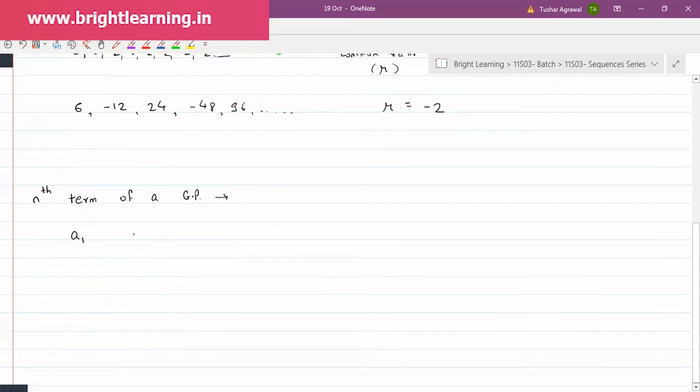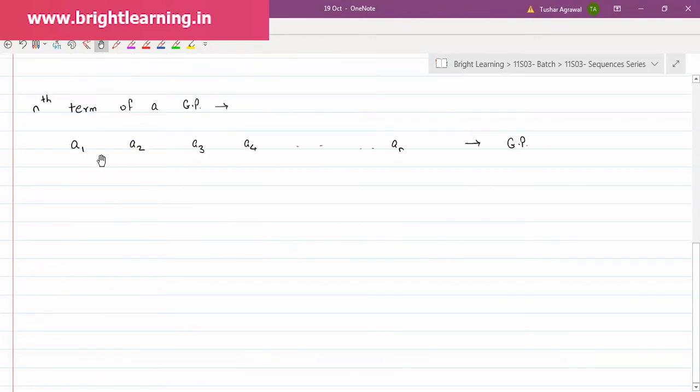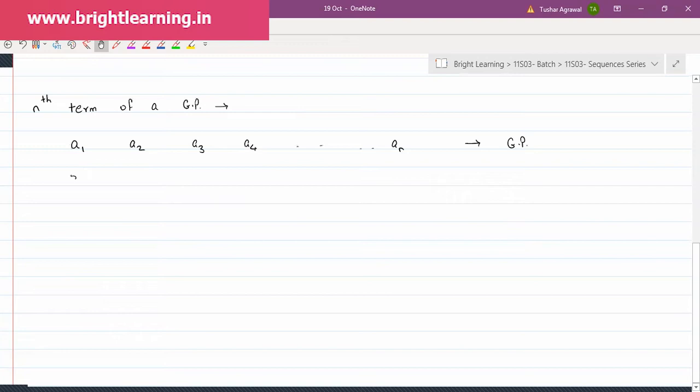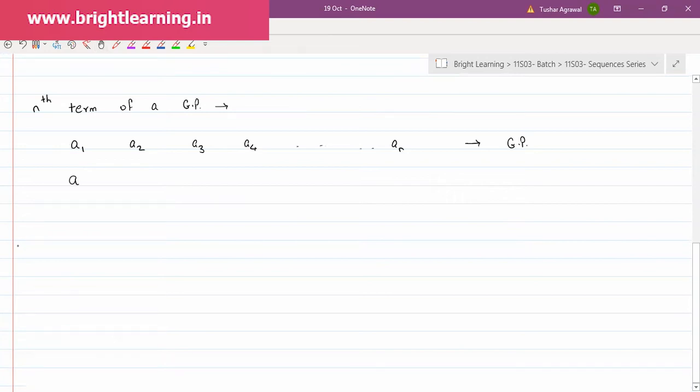Let's say A1, A2, A3, A4, and so on up to AN. This is my geometric progression. So the first term is generally represented by A, not a compulsion, and the common ratio is R.